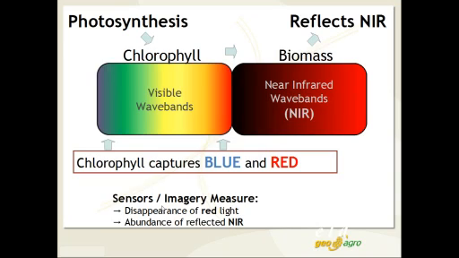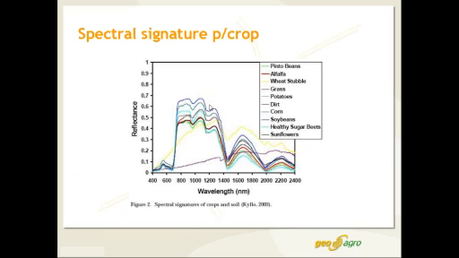So this is what we're going to measure with the imagery, and this is all going to make sense when we start looking at the bands that are captured by the satellites or by the aerial or by the unmanned aerial vehicles. What they do is they measure the disappearance of red light and the abundance of reflected near infrared wavebands. So we see that different crops will have similar behavior, but will have different degrees of reflectance.